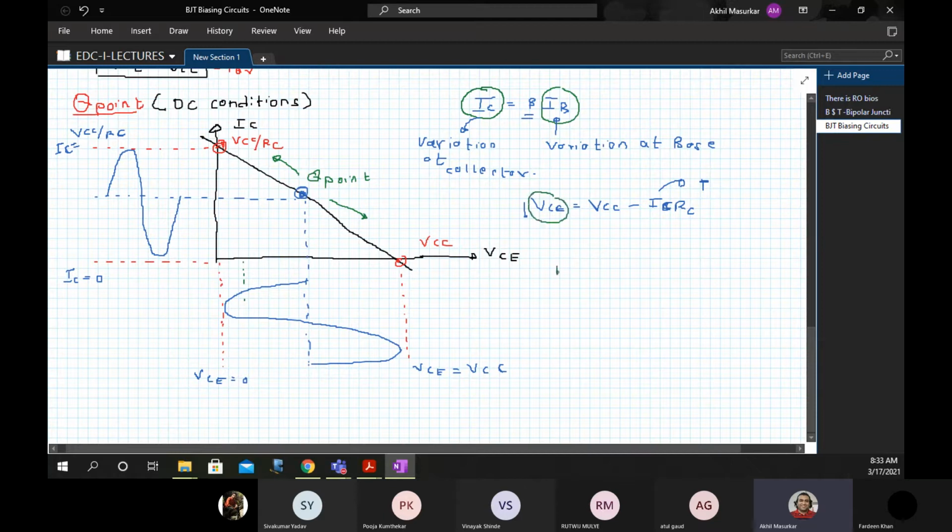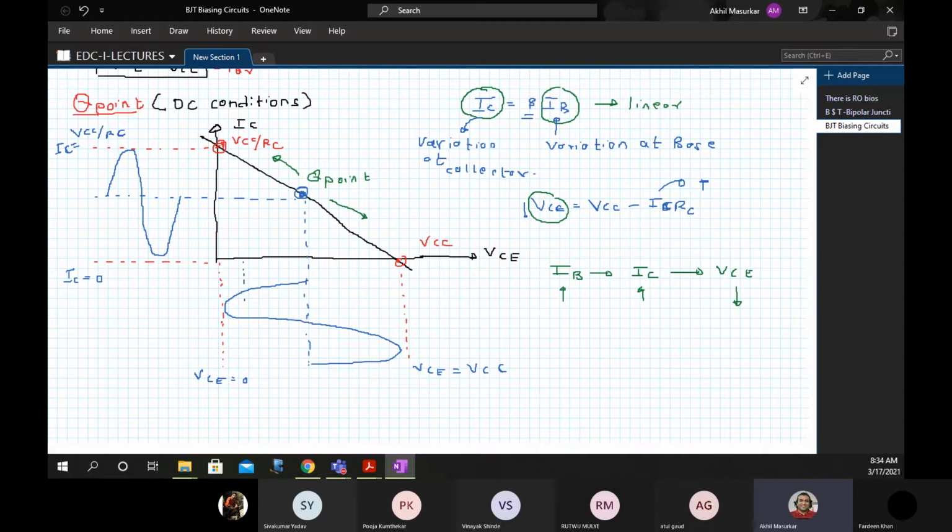So how is the link? IB changes IC, IC changes VCE. If IB increases, IC also increases, because this relationship is linear, and there is a negative slope. That is the reason why as IC increases, VCE decreases.